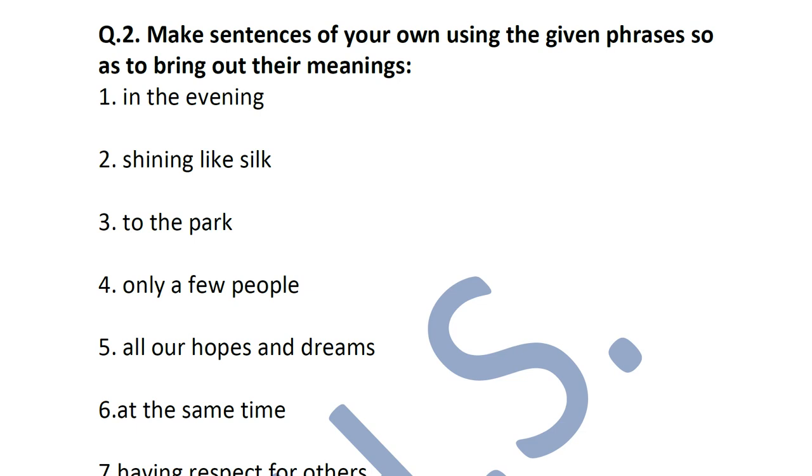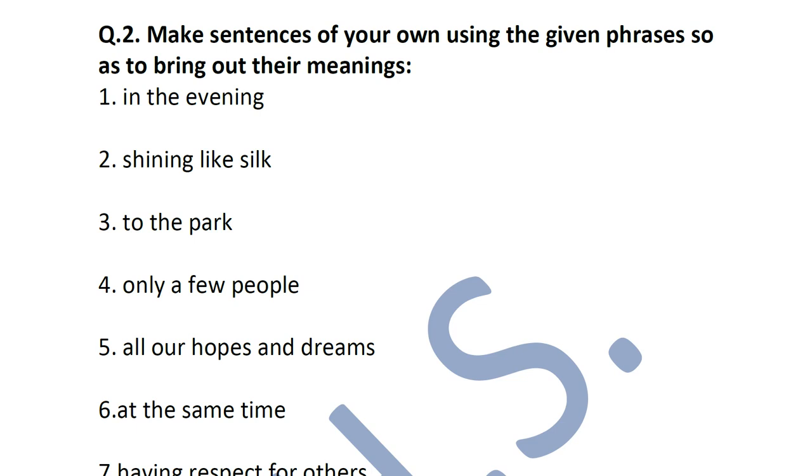So think of somebody doing some action in the evening. Okay, what is your first phrase? In the evening. So somebody is doing some action in the evening. So we play football. We is the subject, play is your action verb. So we play football in the evening.